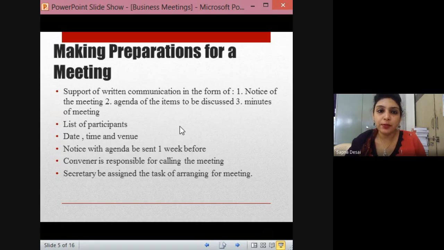Before or during the meeting, the convener will take help of the secretary in order to make all the arrangements pertaining to the meeting. The secretary may be assigned the task of arranging for the meeting, right? So these are all the things we need to keep in mind for preparing a meeting, right? First thing is the notice.